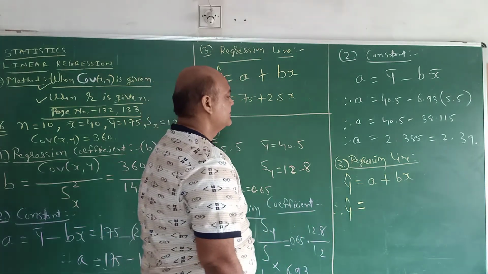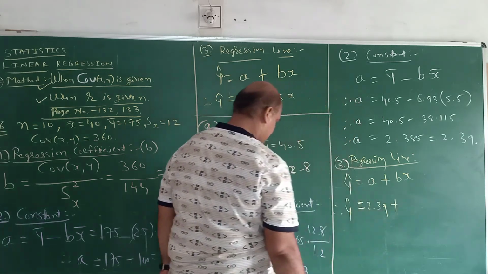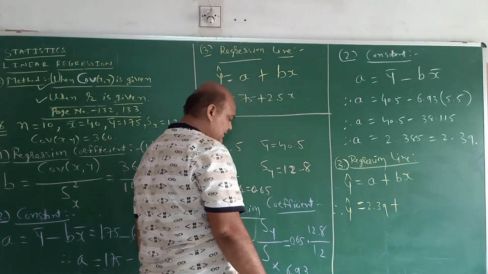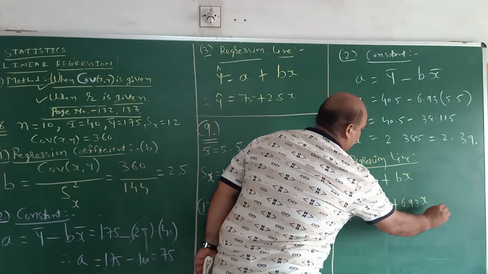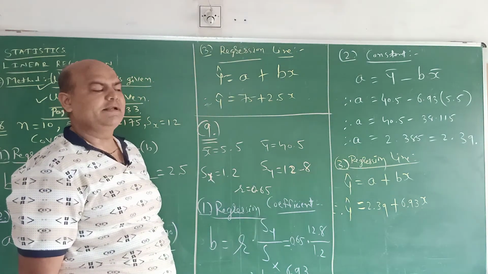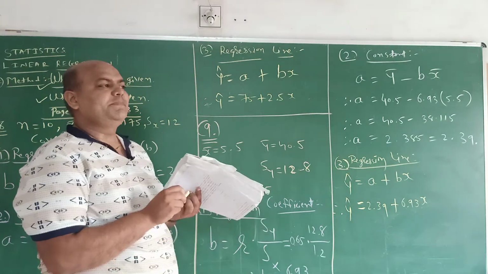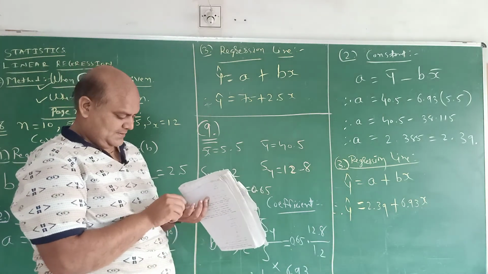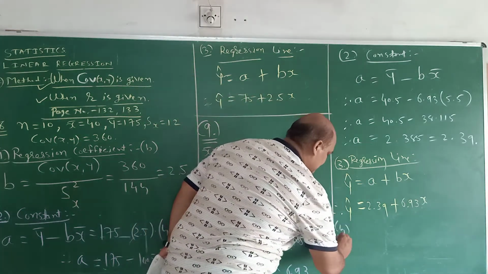A is 2.39 plus B is 6.93. 2.39 plus 6.93x. Regression line is ready. Our fourth step is forecasting, and forecasting is also there in this particular sum.